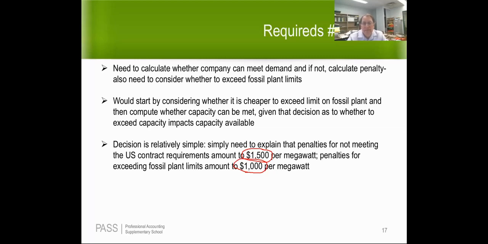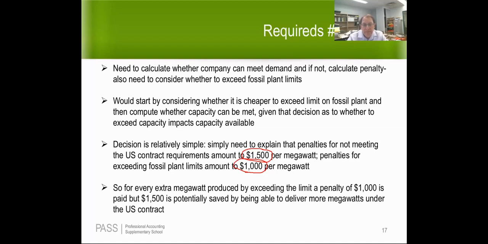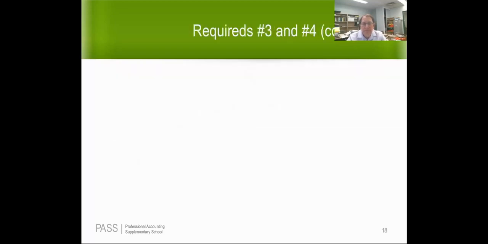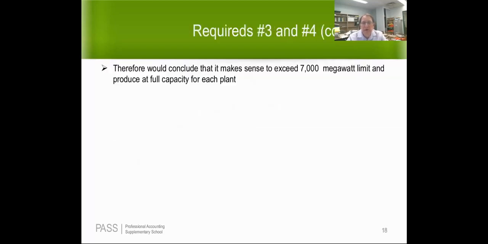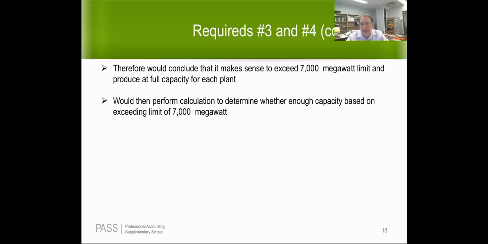That's better. Limit the penalty. The 1,500 is higher. The megawatt limit was 7,000, and it would make sense to exceed that, I'd rather pay that. Fine. Then we can perform the calculation to determine, do we have enough capacity if we exceed the limit?